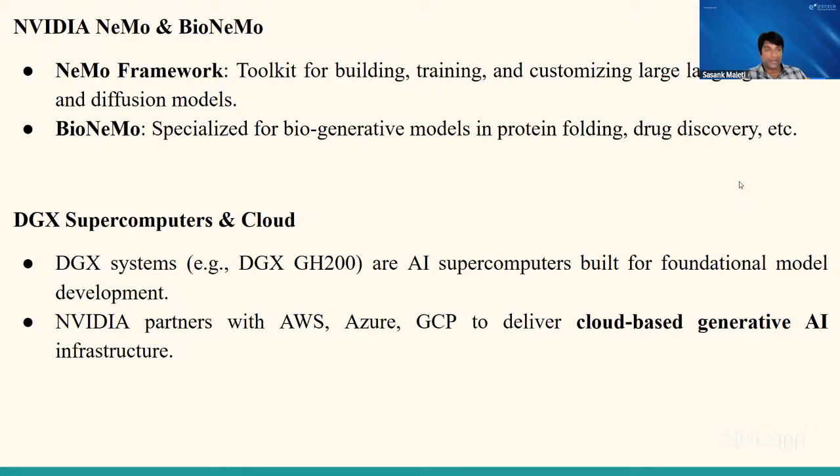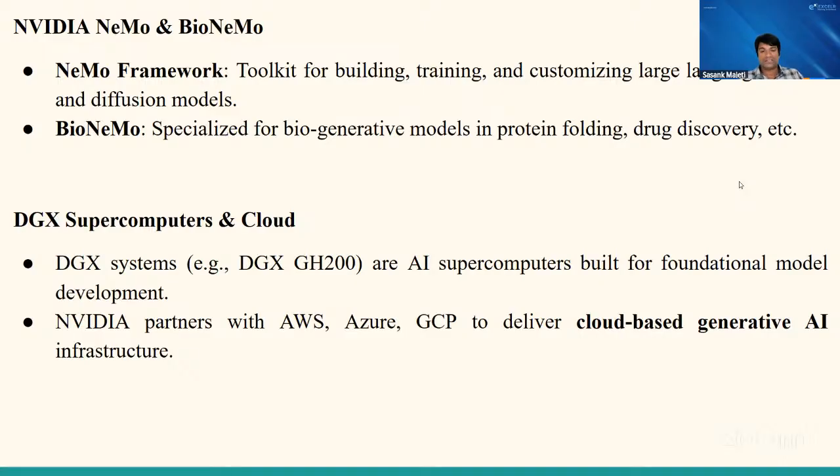Next thing is supercomputers. The data centers, or the entire supercomputer foundation, most of them are actually powered by Nvidia. For example, Nvidia powers generative AI and cloud-based infrastructure with companies like AWS, Azure, and GCP. These are the three big players, and for this cloud-based and generative AI infrastructure, everything is provided by Nvidia.